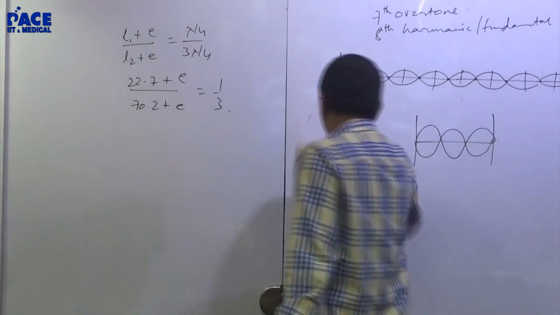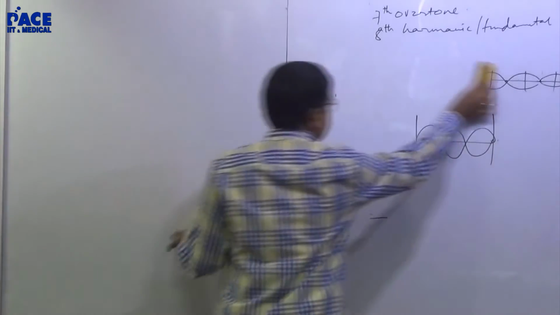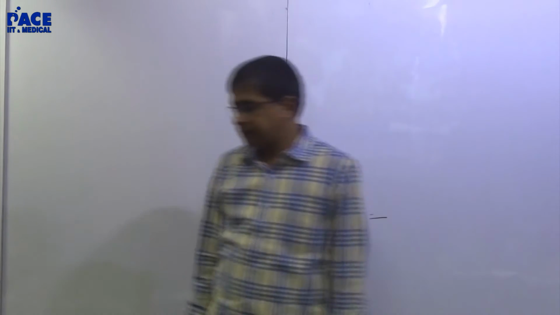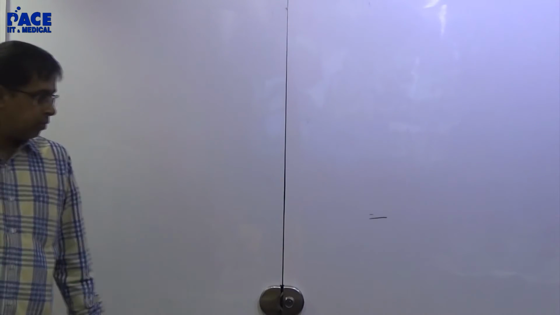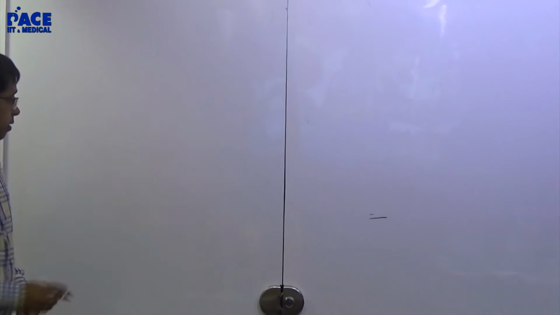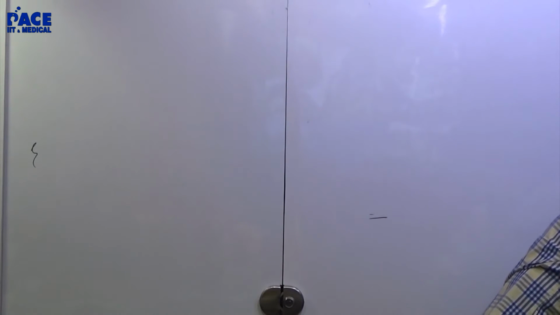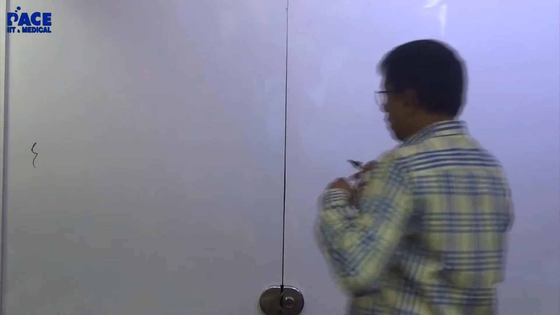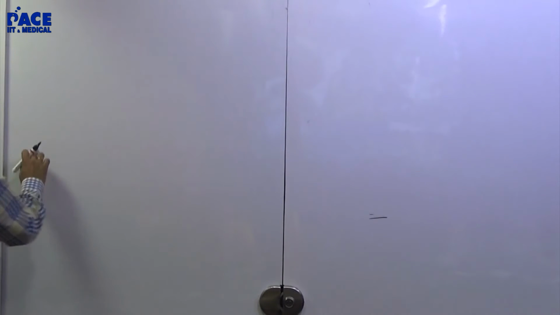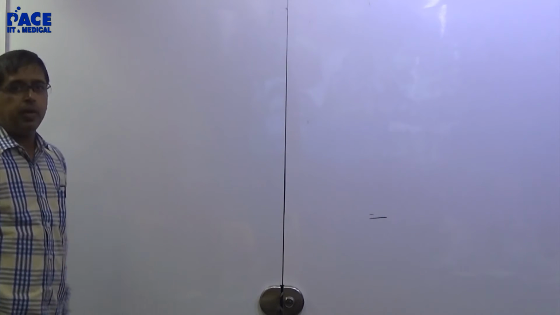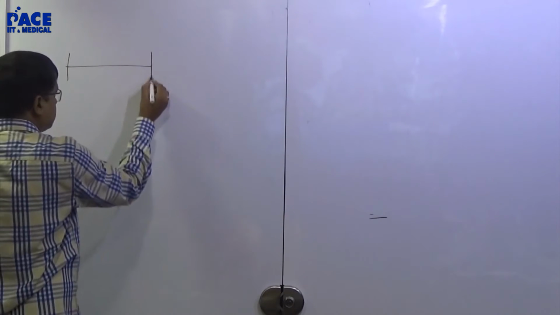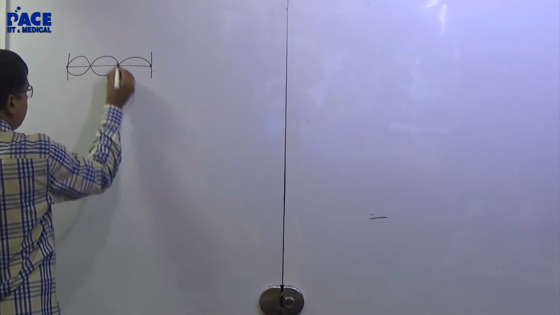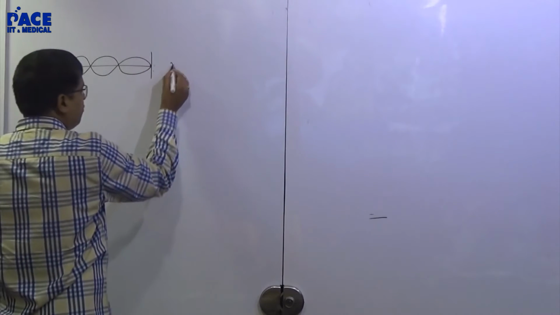Before we proceed to the other slots in waves, a few very important things in waves. When you are speaking about stationary waves in strings, there will be frequency n.